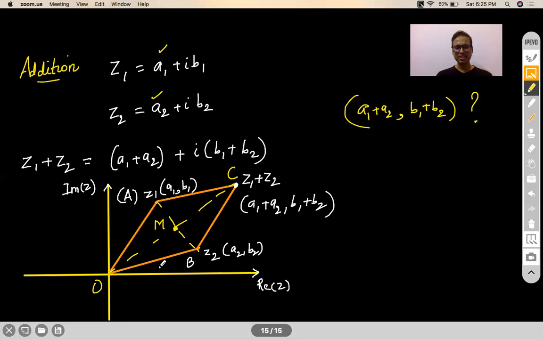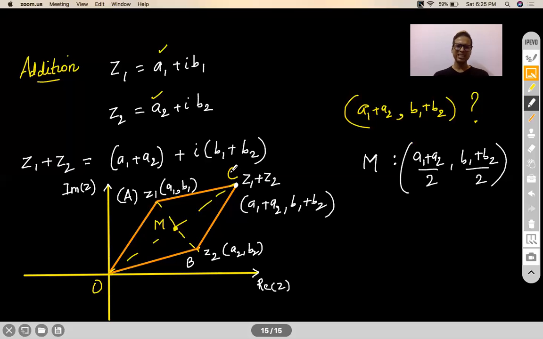Because of my construction, M is the midpoint of AB as well as OC, correct? Since M is the midpoint of AB, we can say it is A1 plus A2 by 2, comma B1 plus B2 by 2. Correct? Now, let us say for the time being I take this point as C comma D.